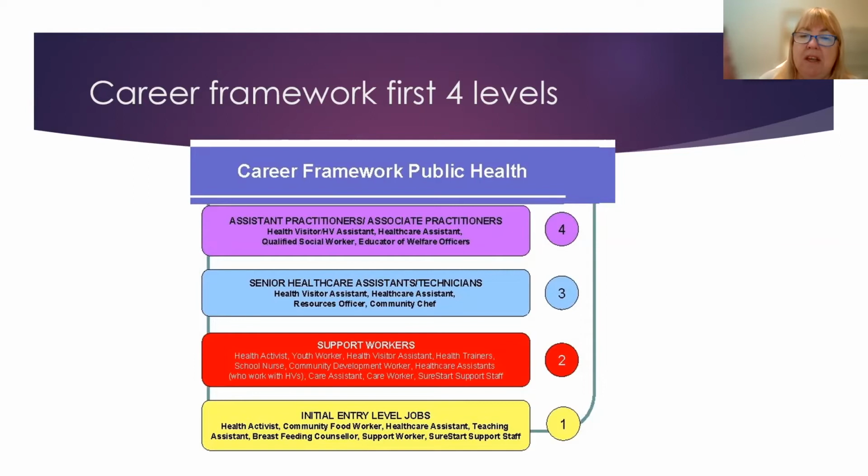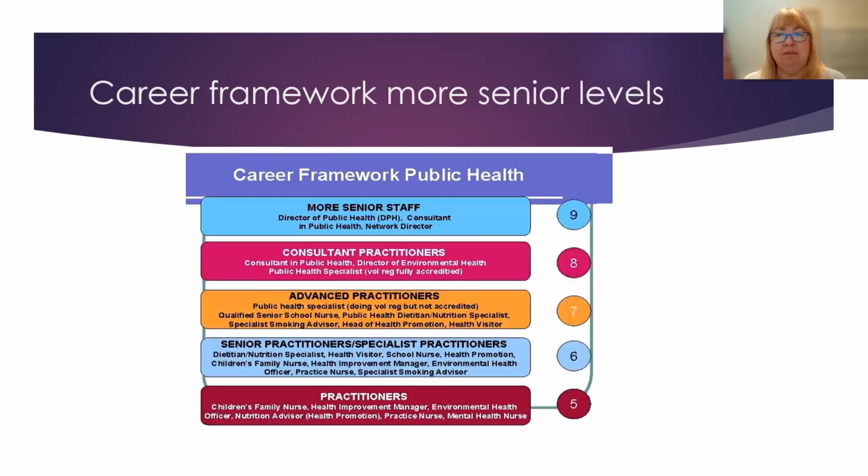Level 4 will get you assistant practitioner roles, or again, if you're a health visitor or a qualified social worker. So as you can see, there are steps to move through, and most of these jobs are based in the community. Some of them are based in hospitals or from hospitals going out into the community.